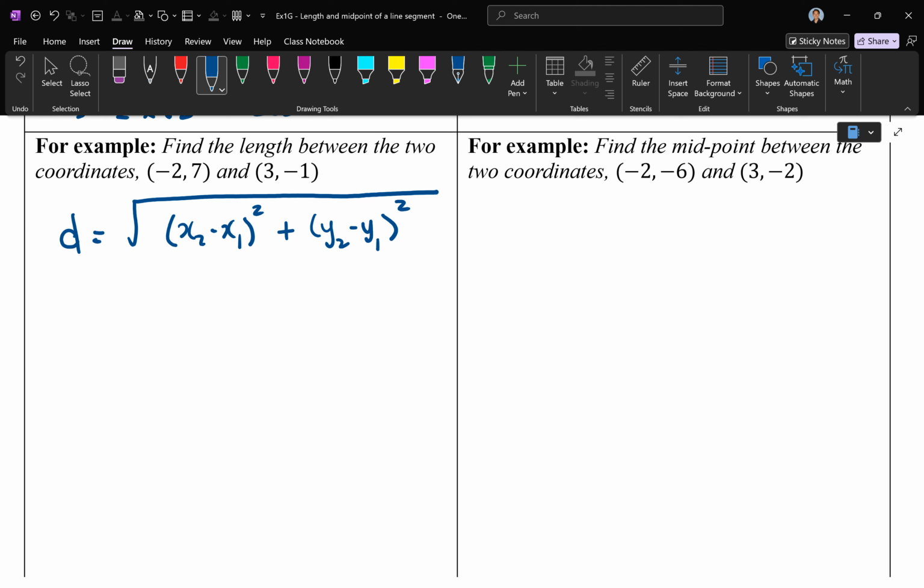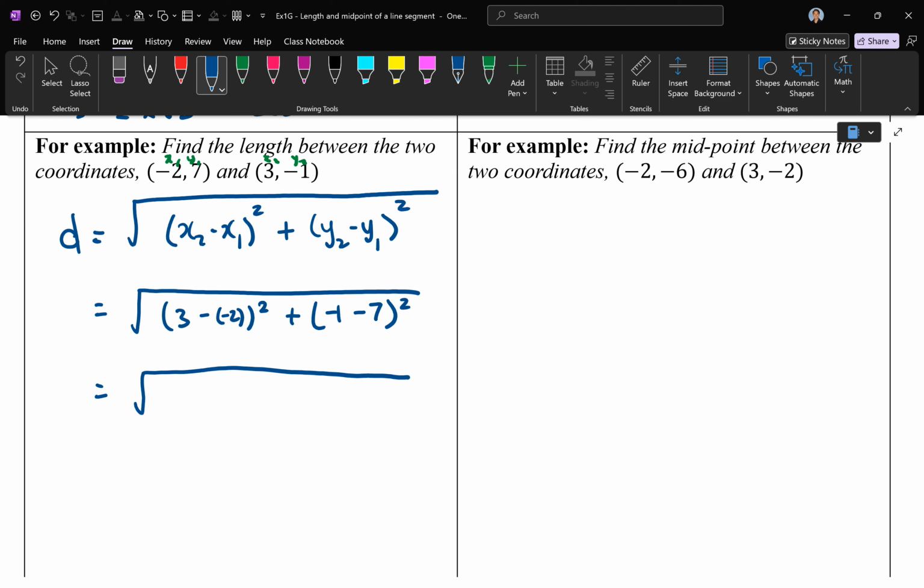Pythagoras' theorem. And it doesn't matter which one's x1, y1. You just pick. So here, we call it x1, y1, x2, y2. You could have done it the other way around. The answer is going to be the same. So here we go. X2 minus x1: 3 minus a negative 2, squared, plus y2, which is negative 1 minus 7, squared.